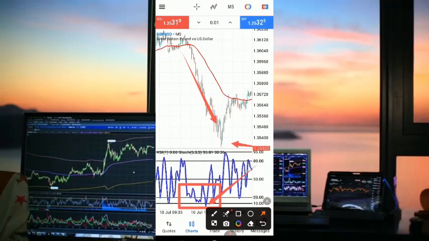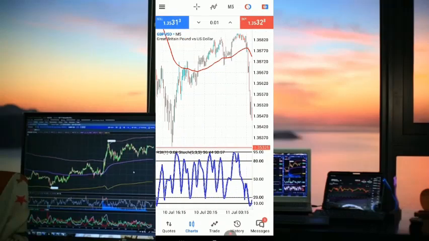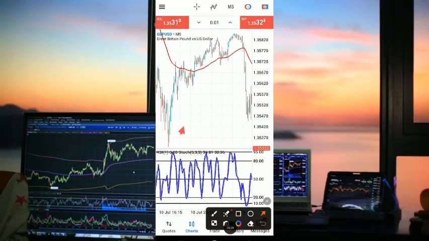As you can see, price started getting bullish. So now we can buy at this point, but let's wait for it to get to the 20 line level first before making any rational decision. As you can see, price began to be bullish after making that buy entry.